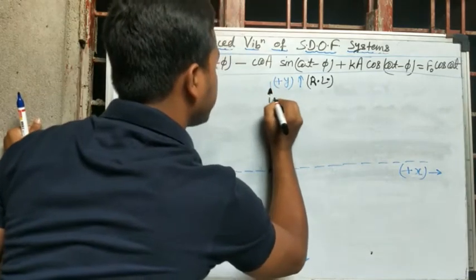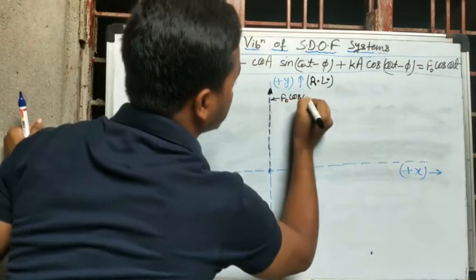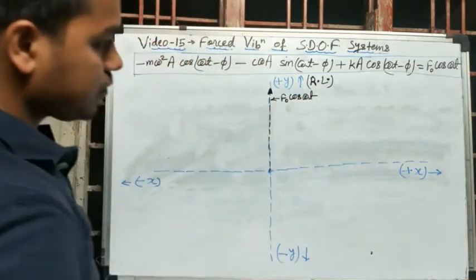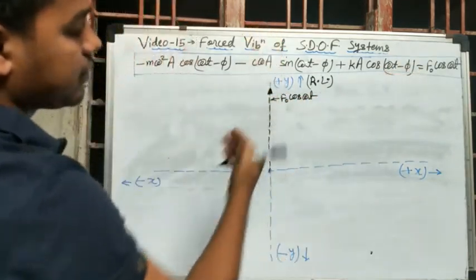This force is f naught cos omega t, right? I have f naught cos omega t over my reference line.